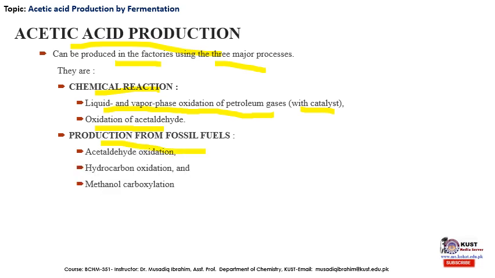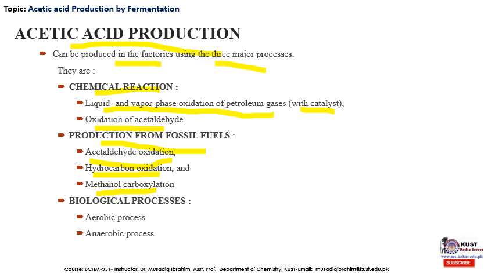Production from fossil fuels is the second method, in which acetaldehyde oxidation gives you acetic acid as a final product. Hydrocarbon oxidation also gives you acetic acid, along with methanol carboxylation, which leads to the production of acetic acid.